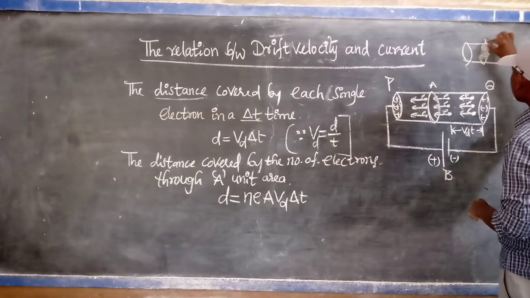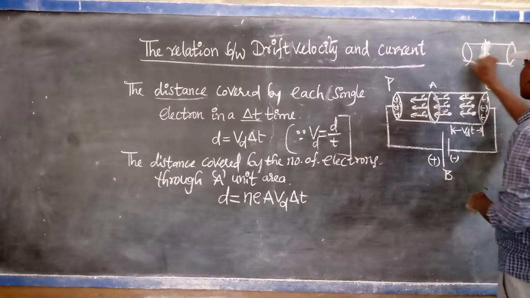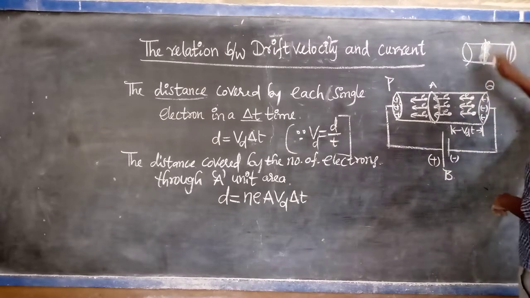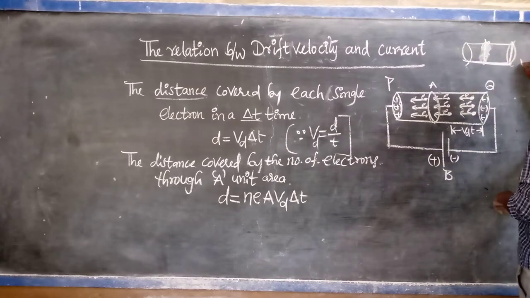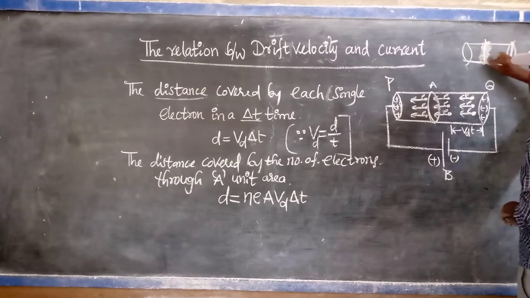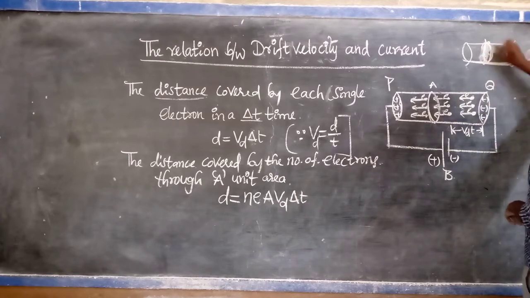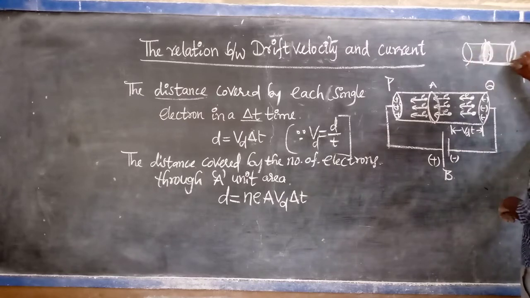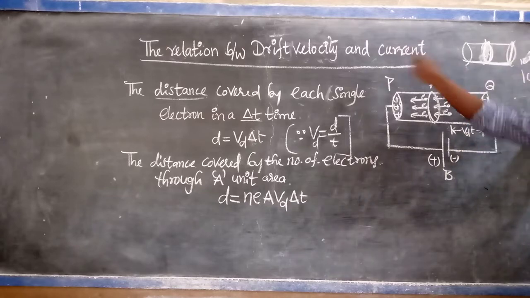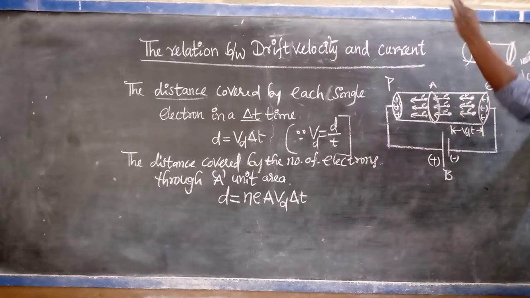Totally this area means length into breadth. If this length and breadth is 1 centimeter square, then this is called only one unit area. What is the one unit area? 1 centimeter square, length 1 and breadth 1. But here what is the one? 10 power minus 6 meter square.